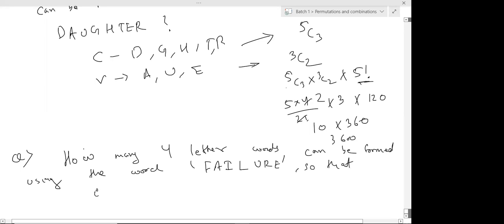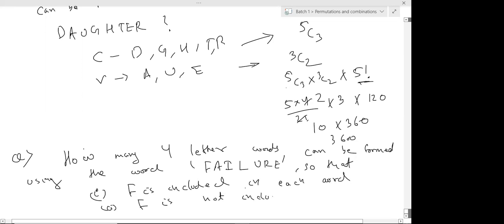So that F is included in each word, F is not included in any word, right? Try to solve this.